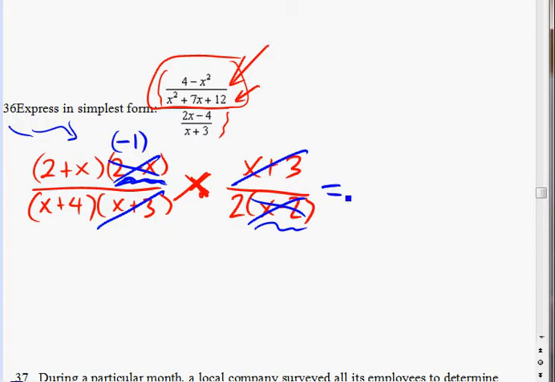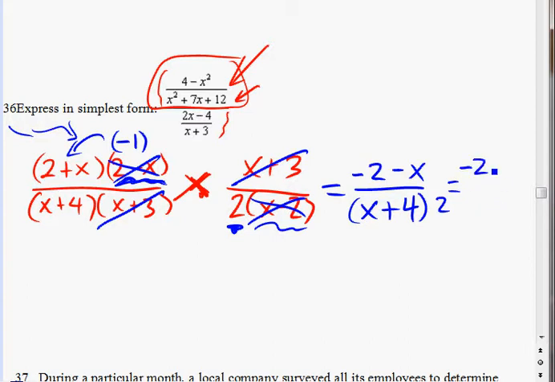So I multiply what's left: negative 1 times 2 plus x, so it's negative 2 minus x over x plus 4, and times a 2 over here. Then we have negative 2 minus x over 2x plus 8.